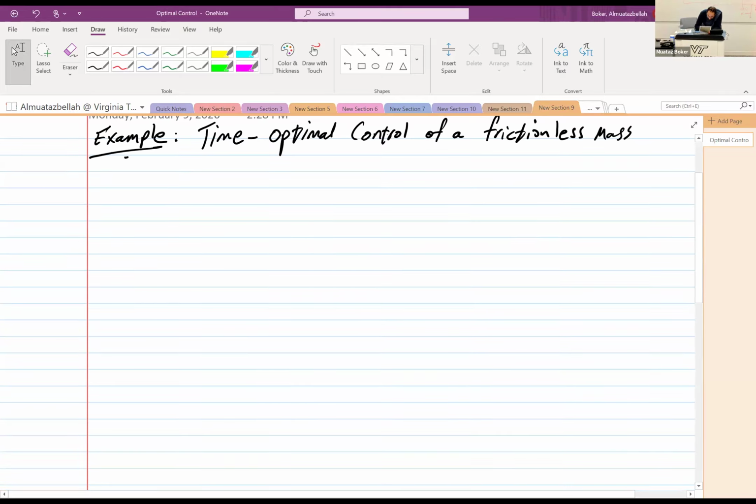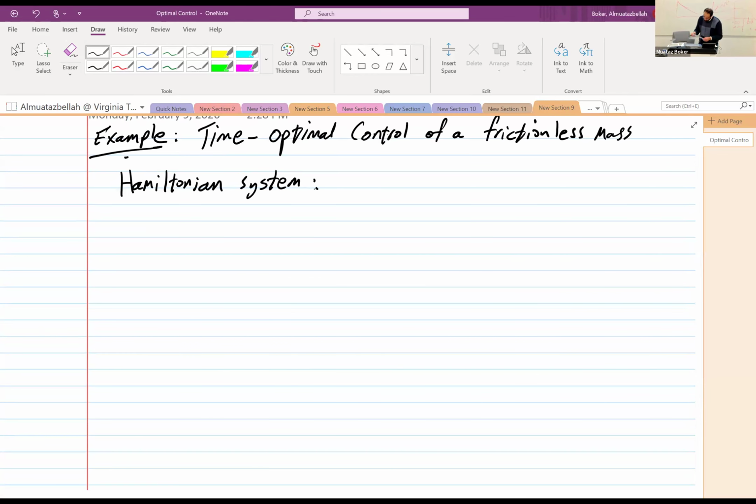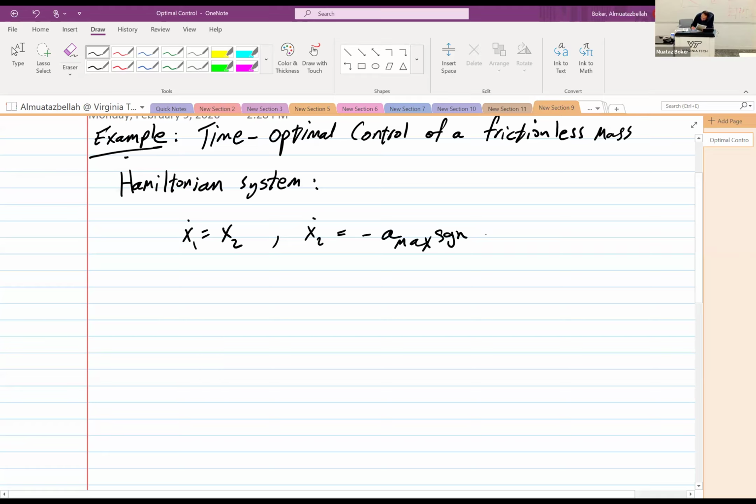So the Hamiltonian system is given by x1 dot is equal to x2. x2 dot is equal to minus A max sine of P2.